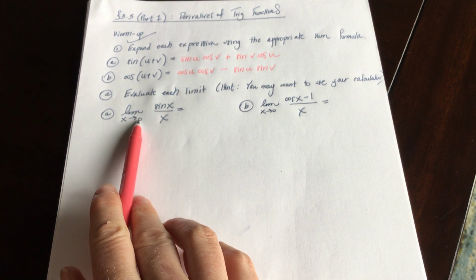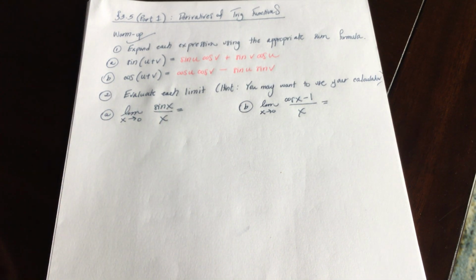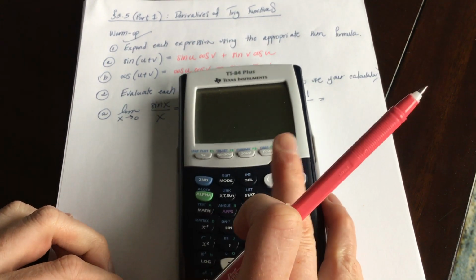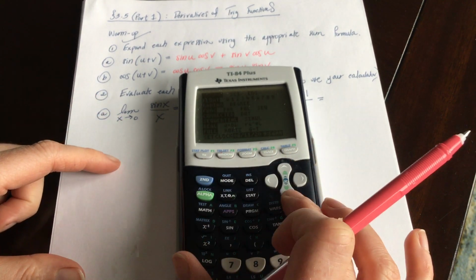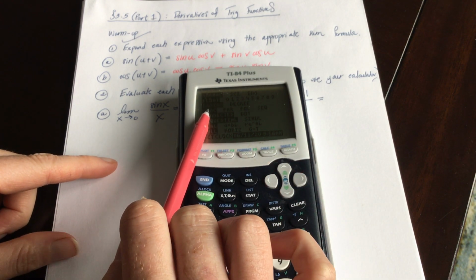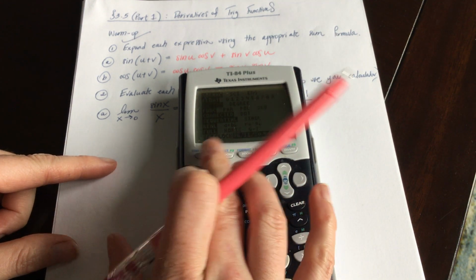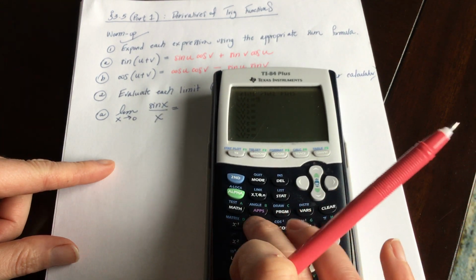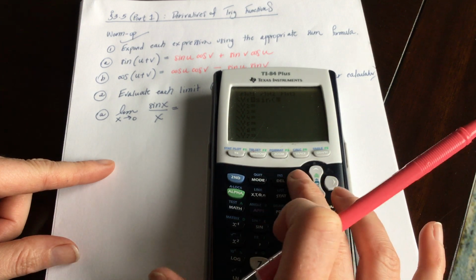The limit as x approaches 0 of sine of x over x. Since x is approaching 0, it probably doesn't matter too much, but usually when it's trig, I really like making sure that I'm in radians mode. Then we could do this graphically. Actually, let's do it this way.